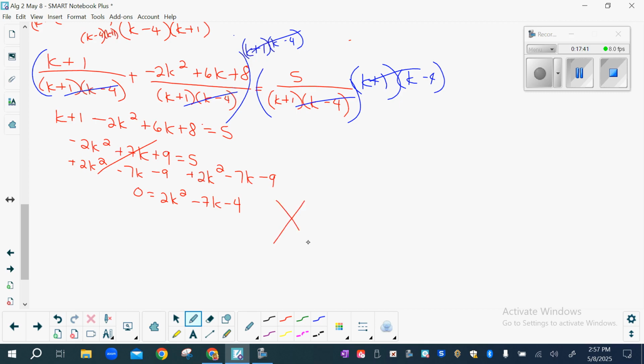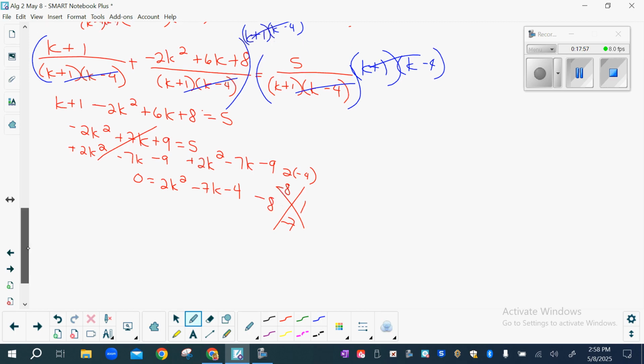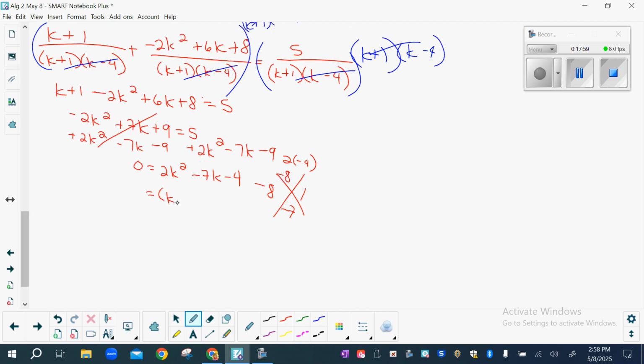And in our x, what do we put on the top? Negative 8. Good, negative 8, because we have to take that 2 times negative 4 to get negative 8. And then what multiplies to negative 8, that adds to negative 7? Negative 8 and 1. And so we have k minus 8, k plus 1.